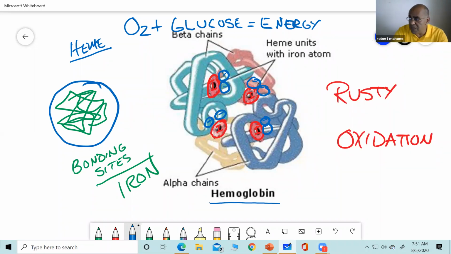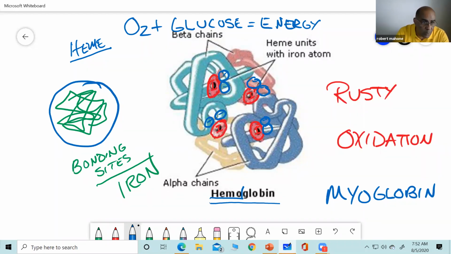When oxygen is bound to muscle cells, we call it myoglobin. When it's bound to blood cells, we call it hemoglobin. So anytime oxygen is bound to something, it takes on that term globin: hemoglobin, myoglobin, whatever type of cell it's bound to. Being bound to our red cells, hemoglobin.